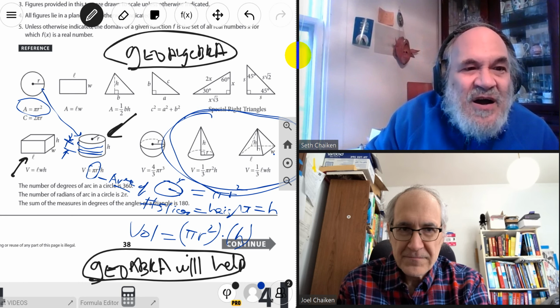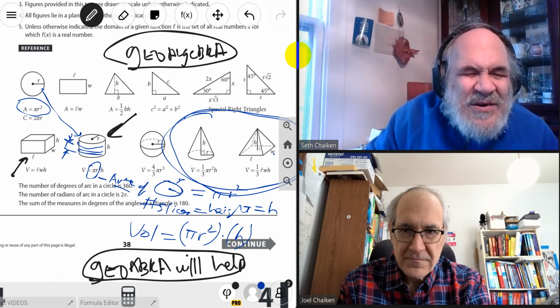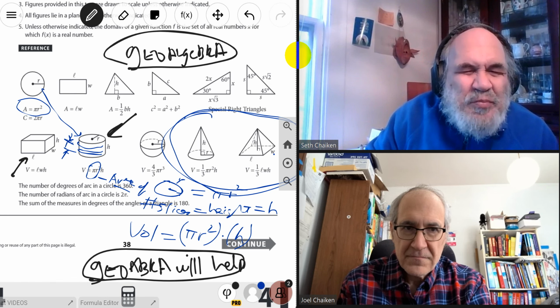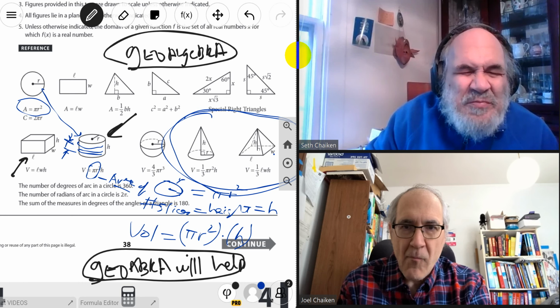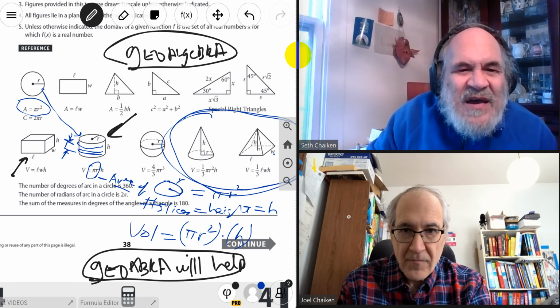Essentially a rectangular solid and a cylinder are prisms over a rectangle and a circle. The volume of that is pretty obvious, but if you take a prism and you shrink the top to a point, you get a cone or a pyramid.